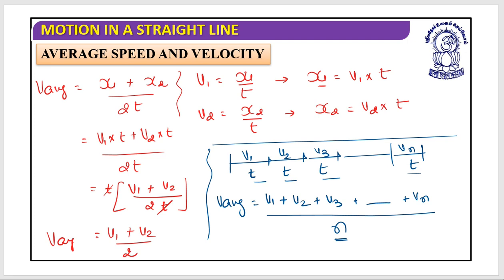So you have two formulas. This one is applicable when time is equal, where n is the number of divisions of a journey, the number of divisions that you know.